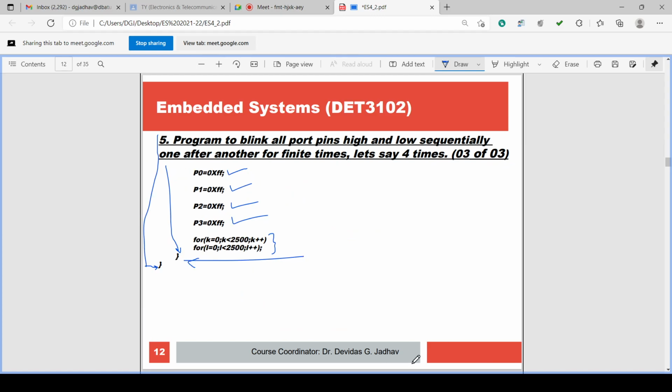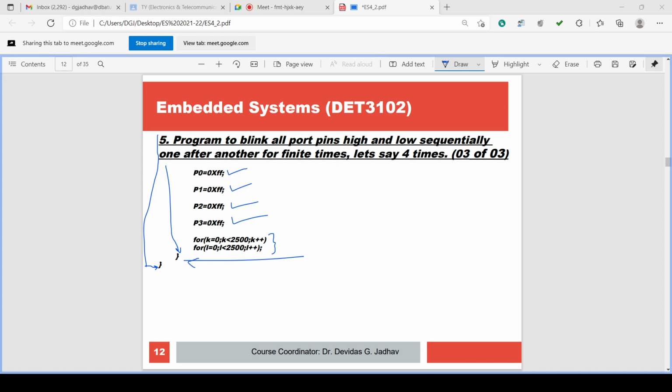So these are the two programs we have seen, and these two programs will have the sequential turning on and off of the ports sequentially. All the 4 ports are used for blinking.